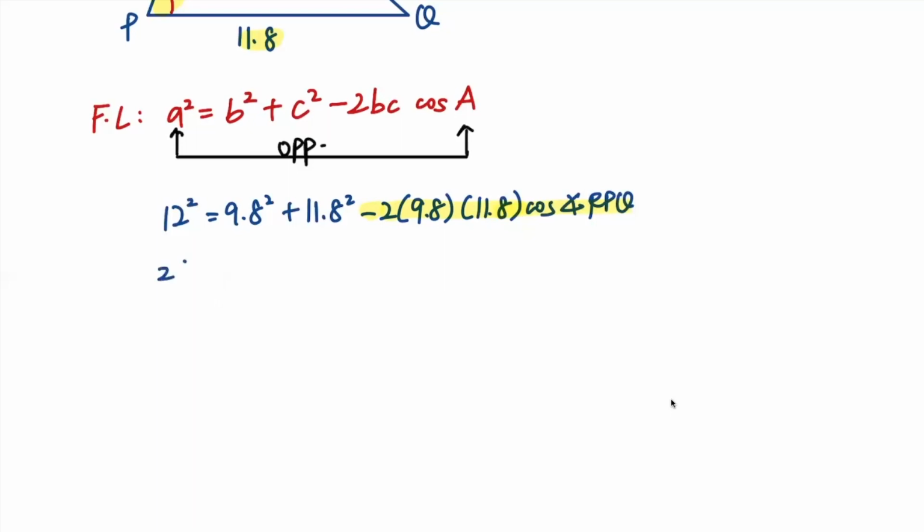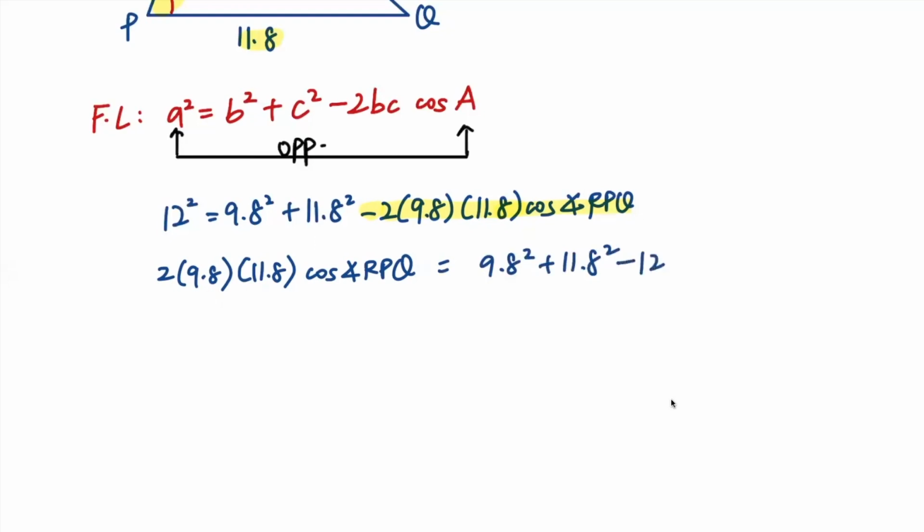So this is 2 times 9.8 times 11.8 times cosine RPQ. And it becomes positive because the minus on the right, when you bring it to the left, becomes positive. What is on the right? 9.8 square plus 11.8 square, and you bring the 12 square from the left to the right to get minus 12 square.